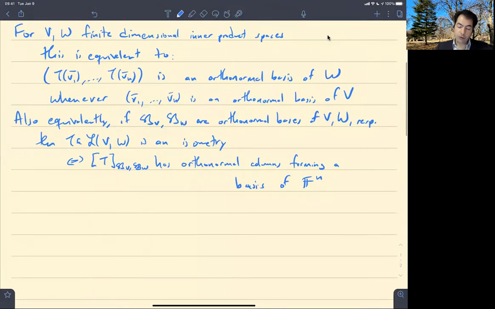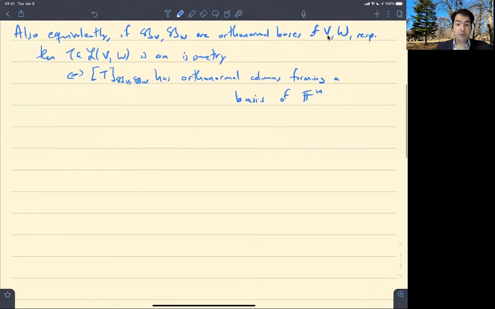Next we want to relate this to a property of a matrix when you take the adjoint. Remember that if you use real numbers, then the adjoint is the same as the transpose. So let's make this a proposition.